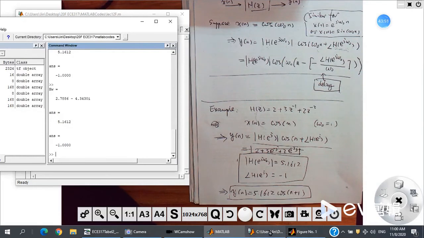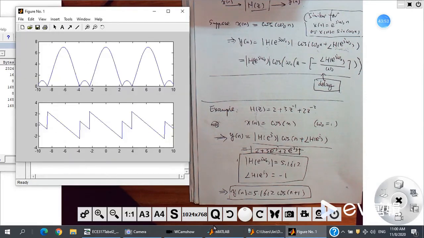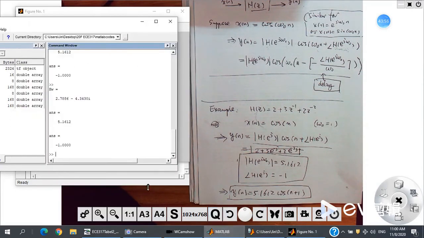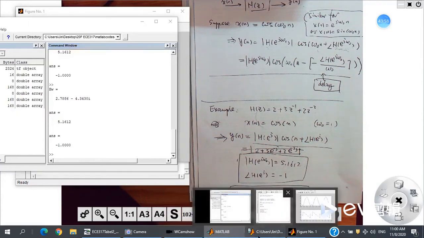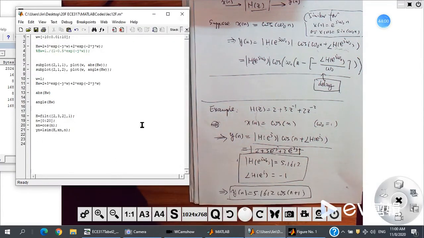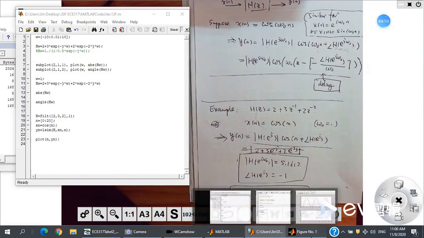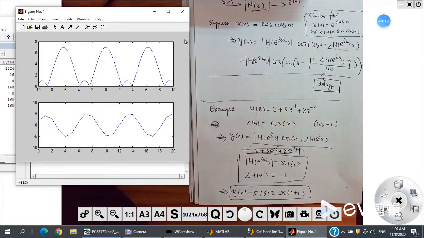What happened? Nothing happened. That means it works well. I want to see. Okay, let me plot n and yn. Oh, now it's a different graph.